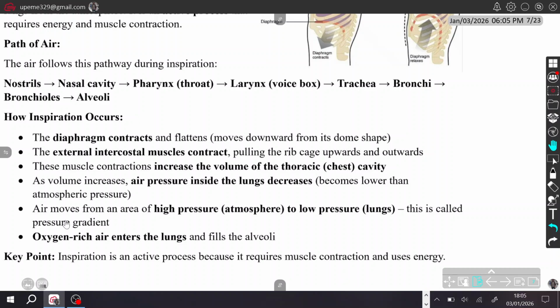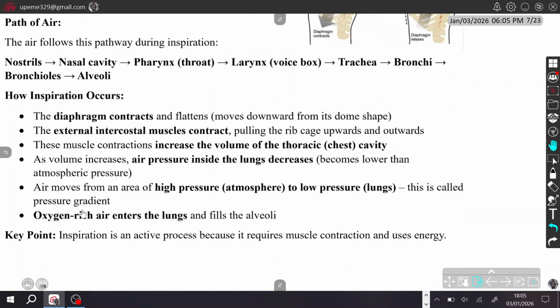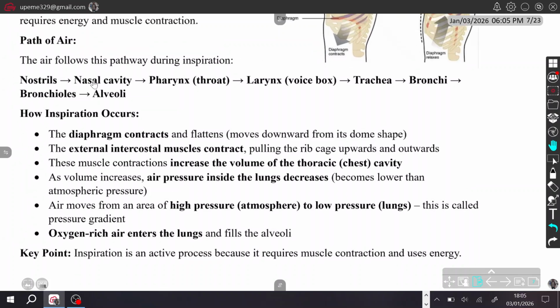This is called a pressure gradient. Oxygen-rich air enters the lungs and fills the alveoli. This is what happens when you breathe in.